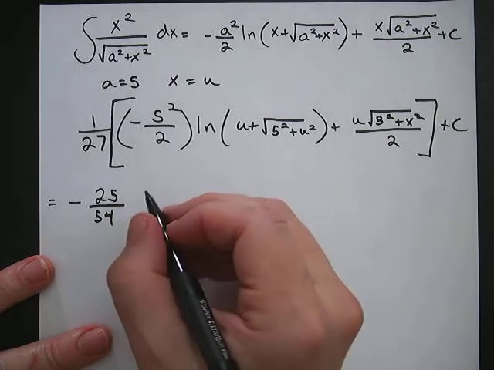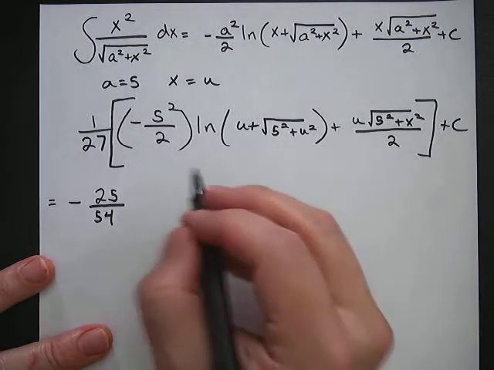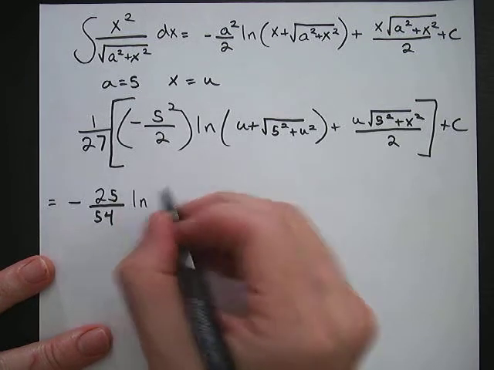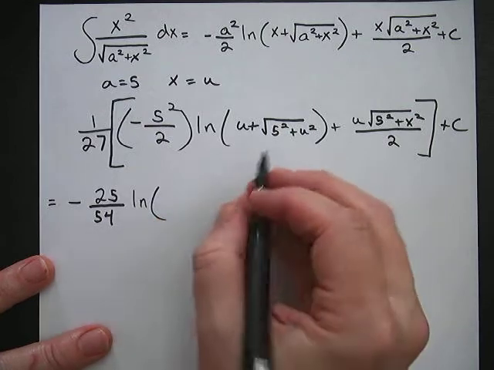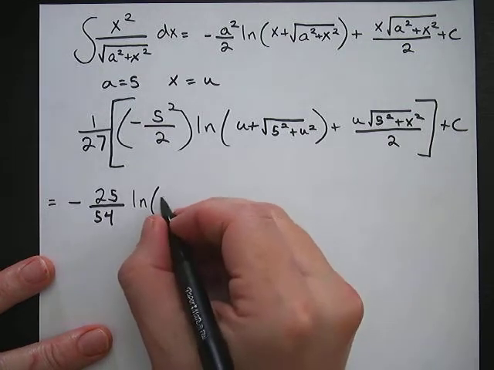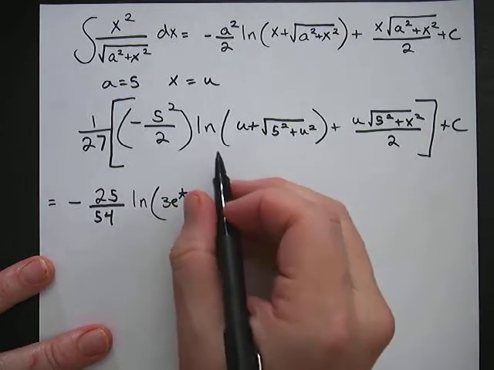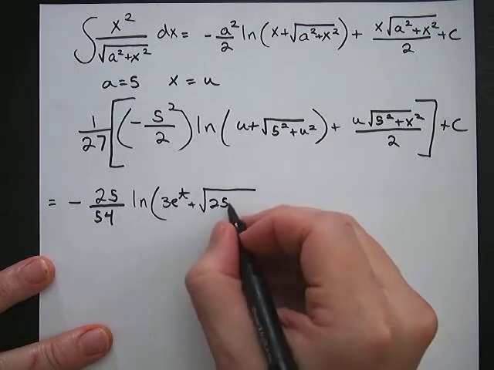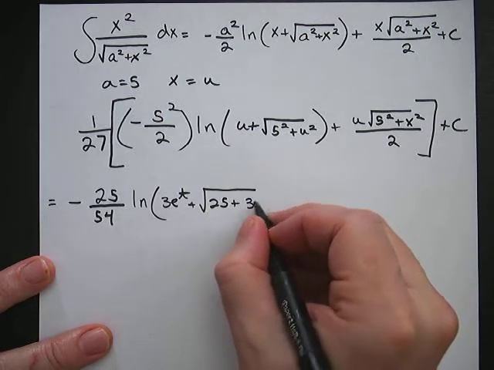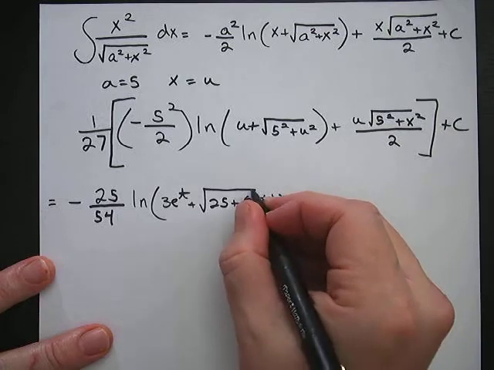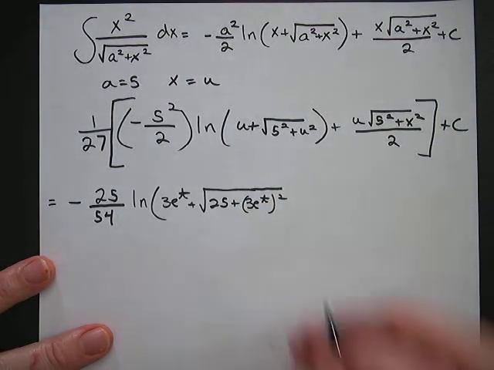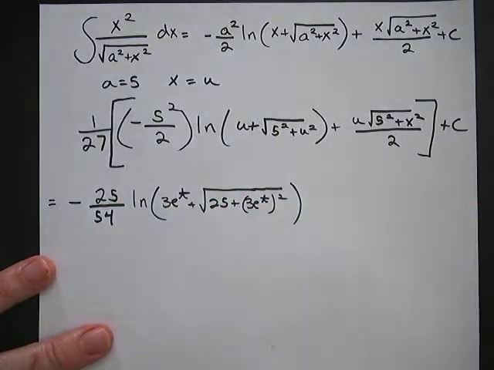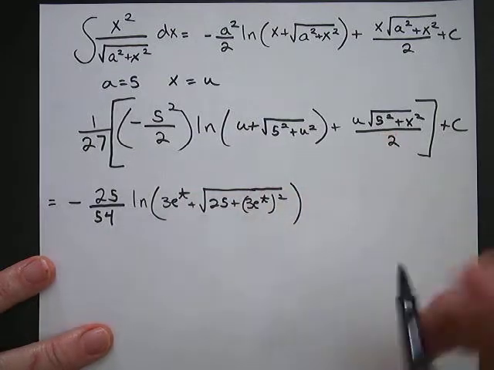Okay, and let's see, we've got ln of u, which is 3e to the t, so 3e to the t, plus square root of 25 plus 3e to the t squared, and then close that parentheses, and then distribute the 1 over 27 to this next term.